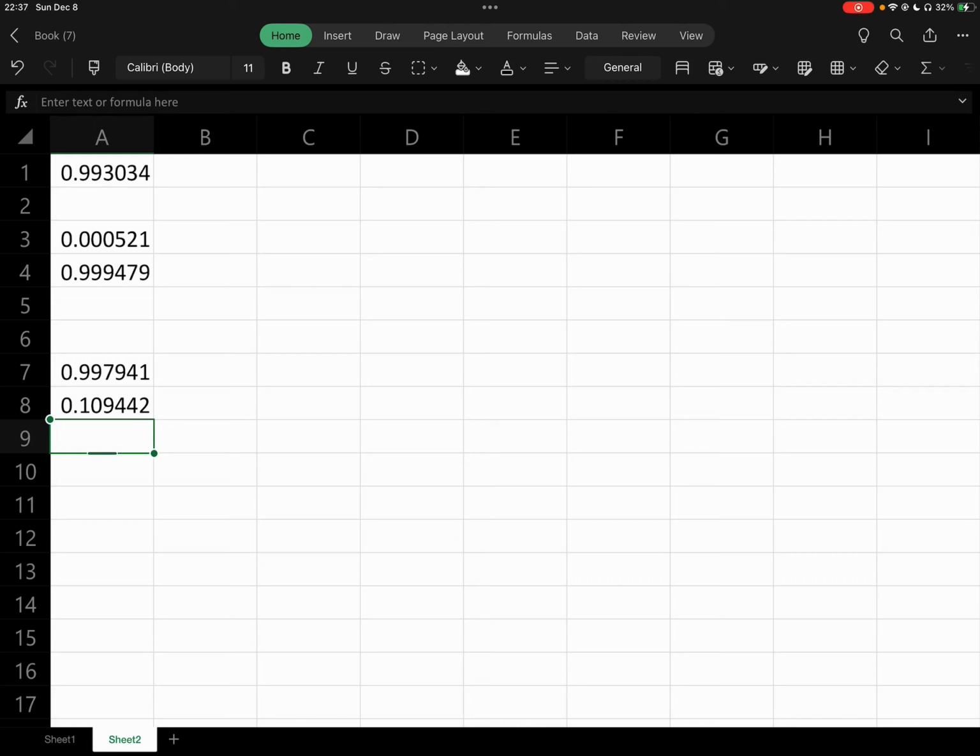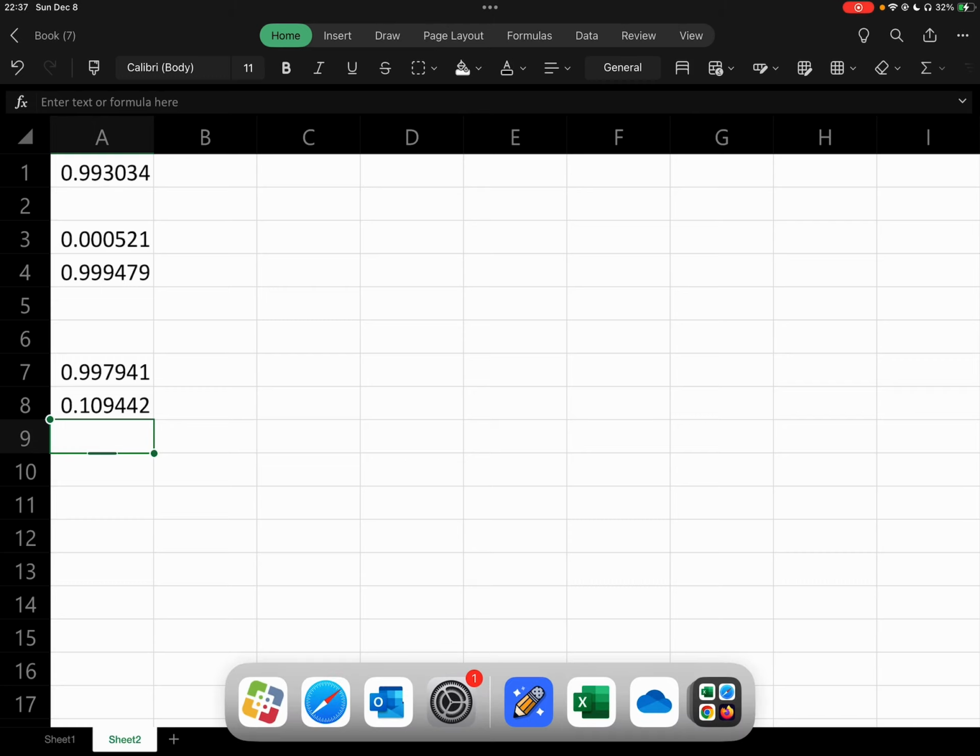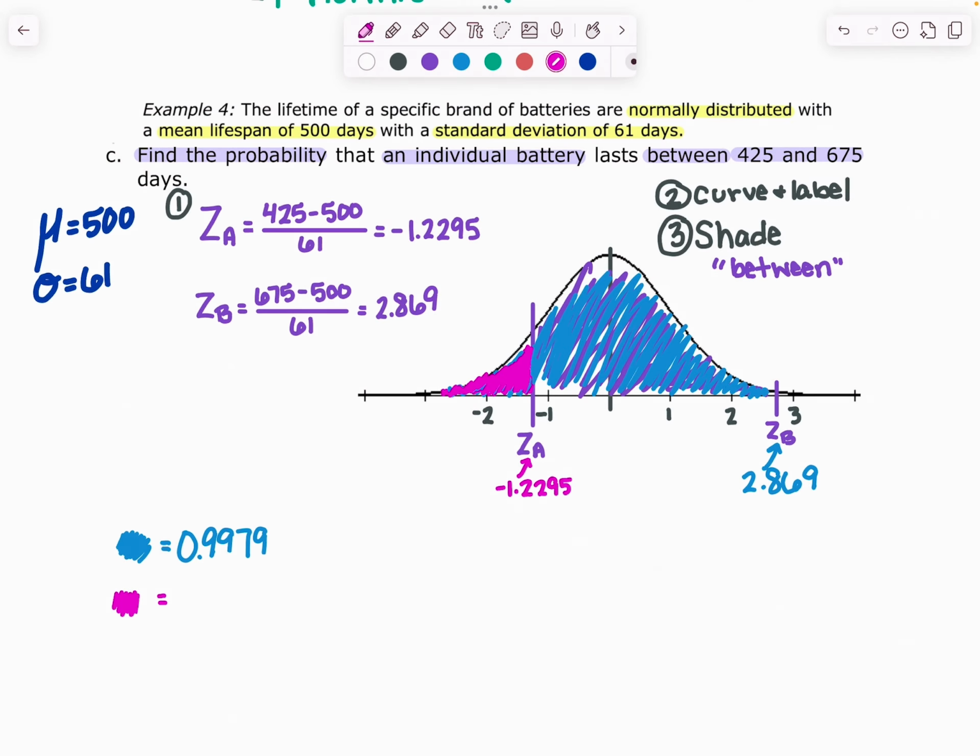So the area below ZA that I have shaded up here in pink is 0.1094.